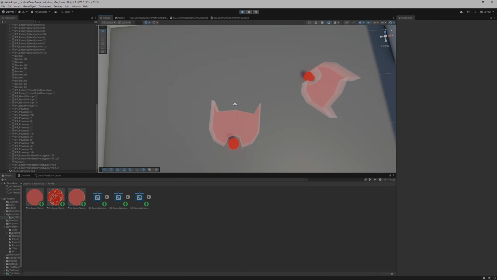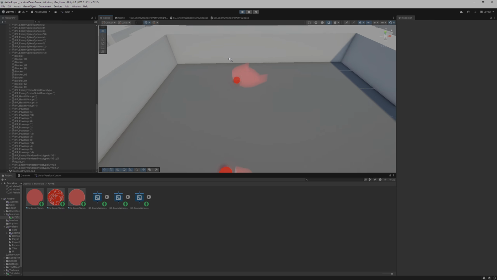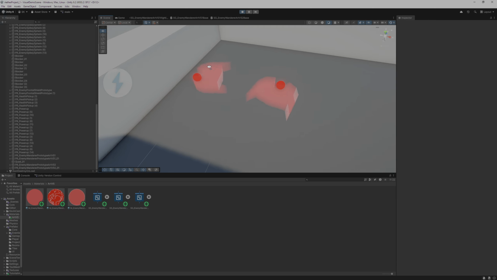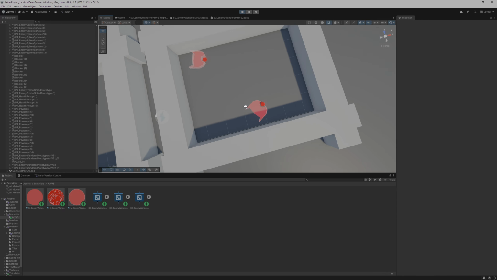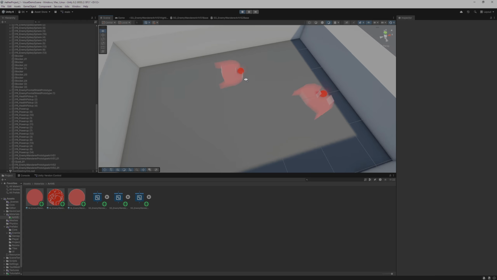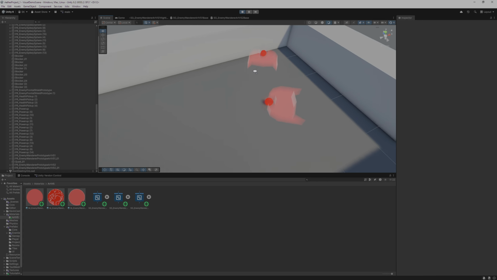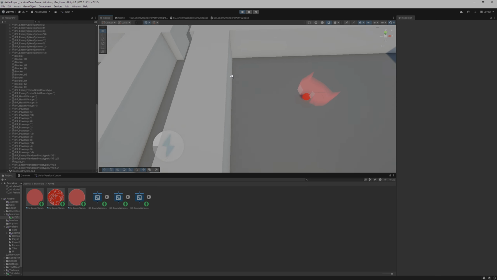The other one has highlights on the edges, so based on where the camera's located, what's perpendicular to the camera highlights, which gives a nice outline feel and helps define the shape of it without lighting it properly.